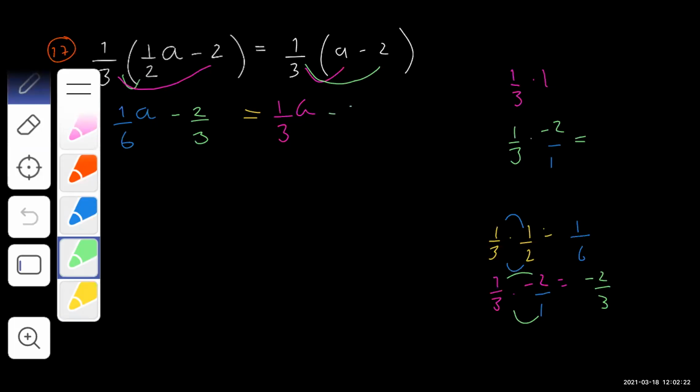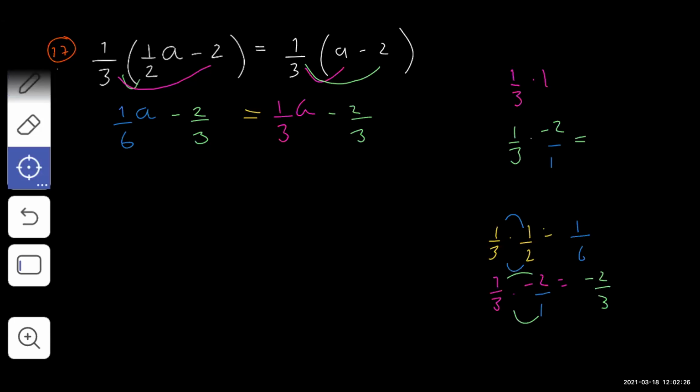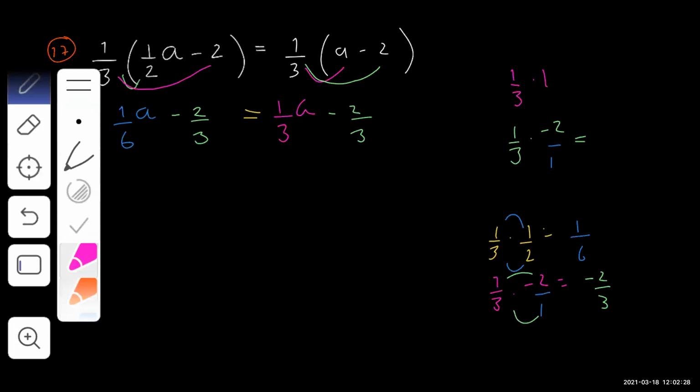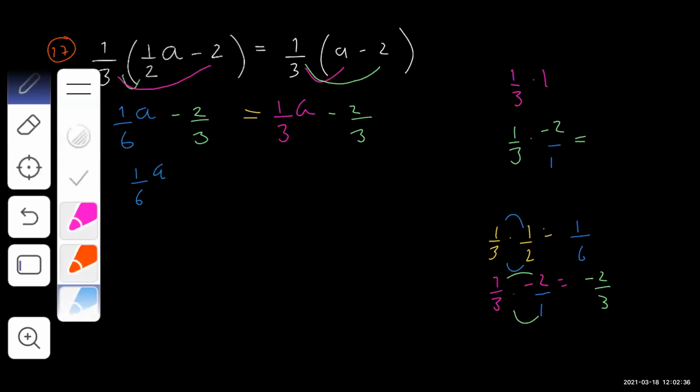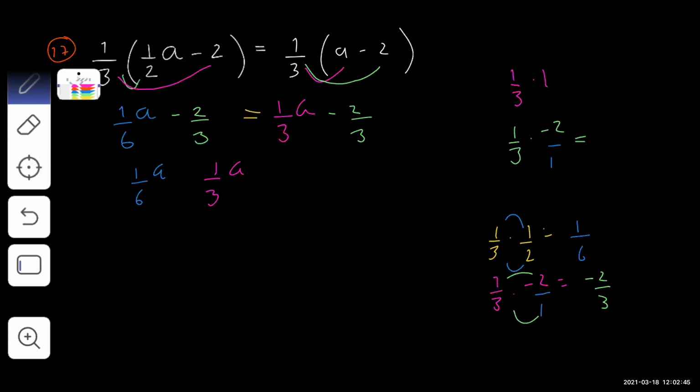-2/3. All right. Then, guys, let's move variables to one side and numbers to the other side. Let's copy this: 1/6 of a. And then we have another variable here, 1/3 of a, and this is going to be negative.